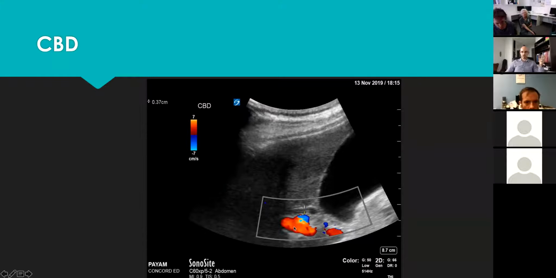The logic is that if the setting is such that we can see the flow in the portal vein, we would have seen some flow in the other tube if it is an artery. So if we can see the flow in the portal vein, and there is no flow in the other vessel, that has to be the CBD. If it was an artery, we would definitely see the flow, because obviously the flow in the artery is much more than the flow in the CBD.